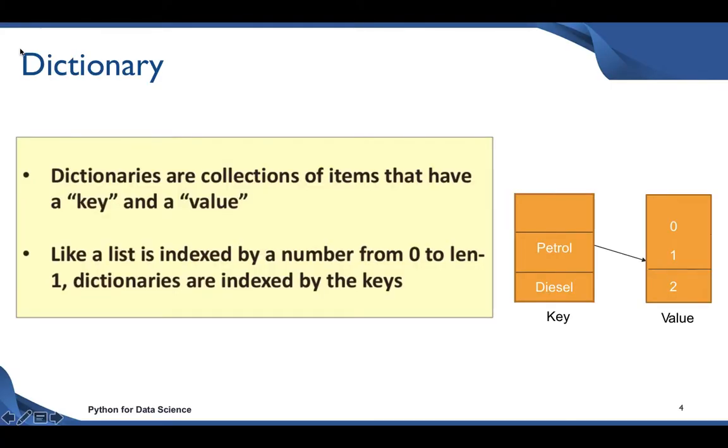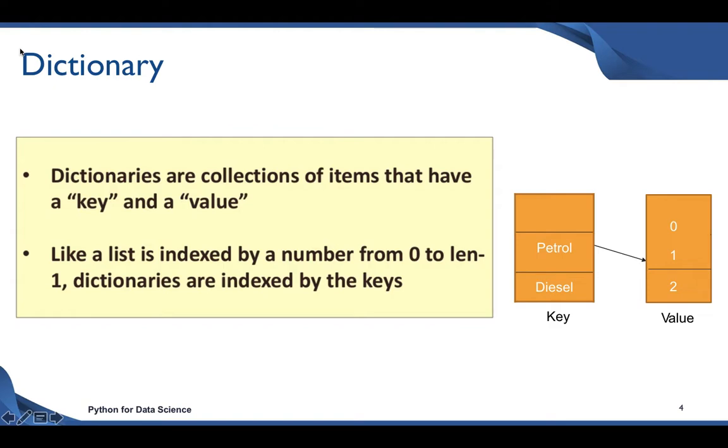Okay, so what is a dictionary? Dictionaries are collections of items that have a key and a value. Unlike a list, where we have an index by a number from 0 to length, dictionaries can have user defined keys.